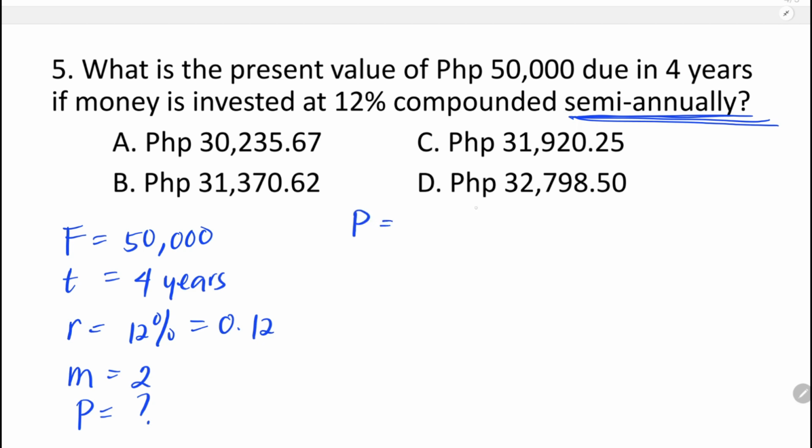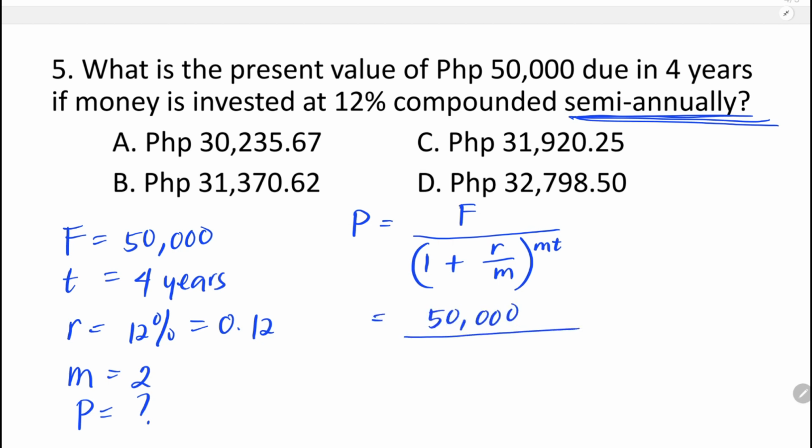P is equal to F over 1 plus R over M raised to MT or TM. Pwedeng baligtaran doon. F is 50,000 over 1 plus rate 0.12 over 2 raised to 2 times 4.